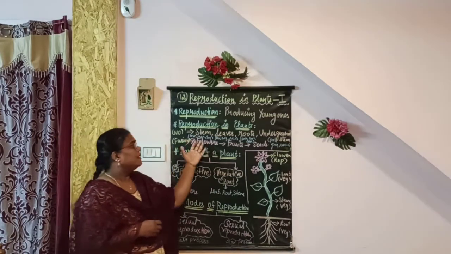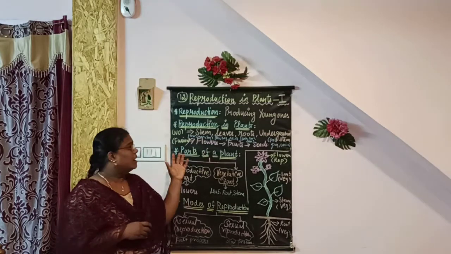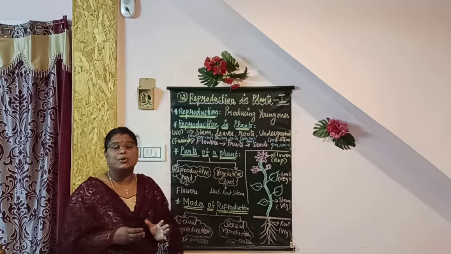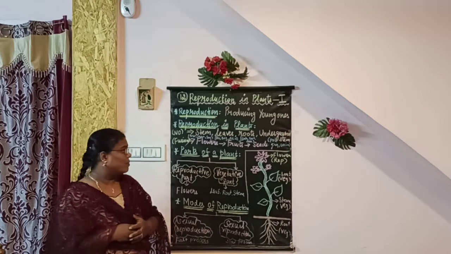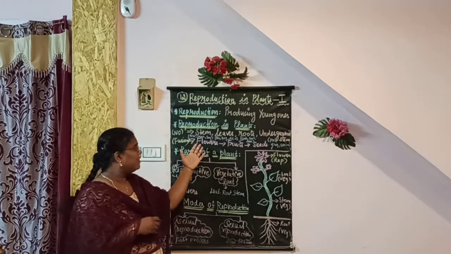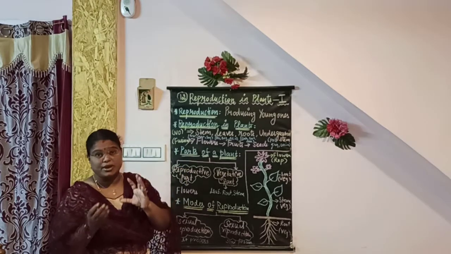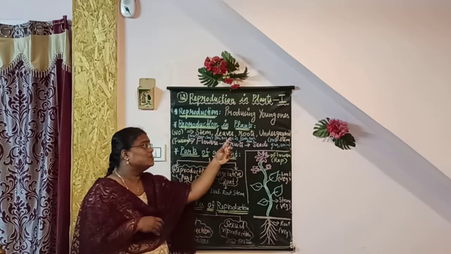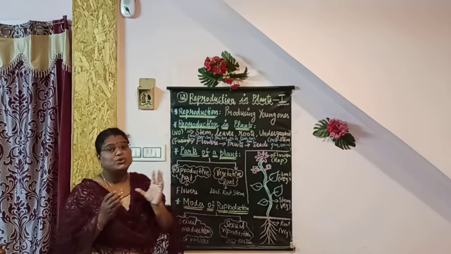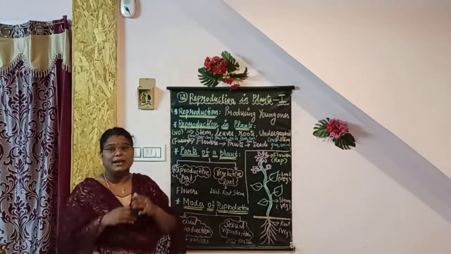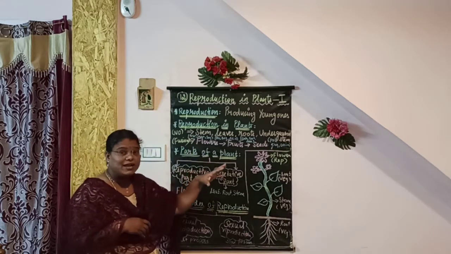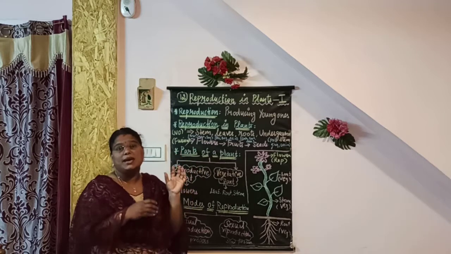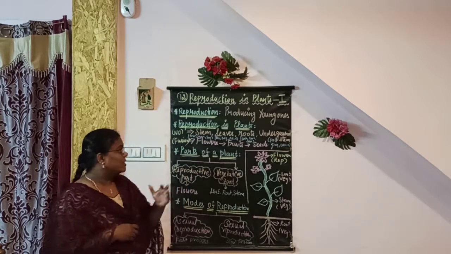And students, apart from these parts of the plant, flowers play an important role in reproducing their young ones. Through flowers, fusion of male and female gametes takes place. But in the case of stem, leaves, roots and underground stem, no fusion of male and female gametes takes place. So directly, without fusion, stem, leaves and roots give rise to new young ones.